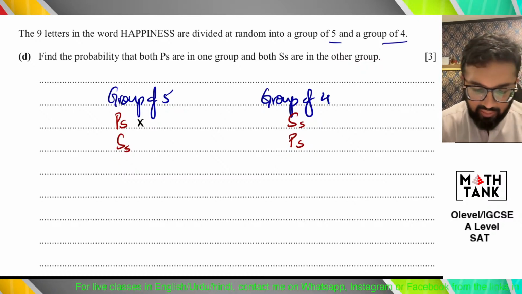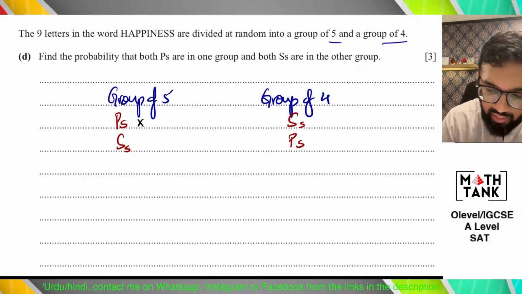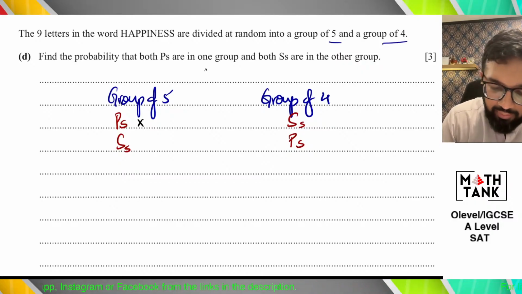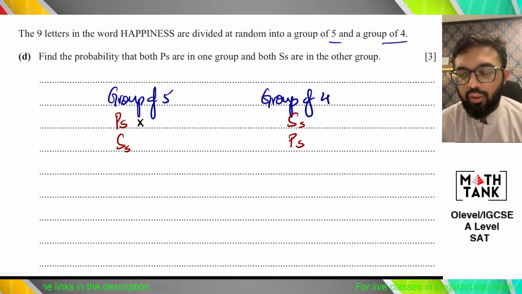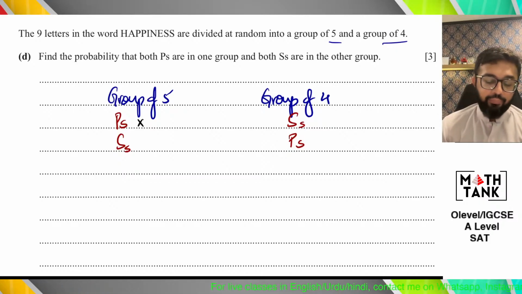If the P's are here, I have 3 more spaces in this group. I have a total of 9 letters, but P's and S's are sorted into the groups directly. So I'm left with 5 other letters.